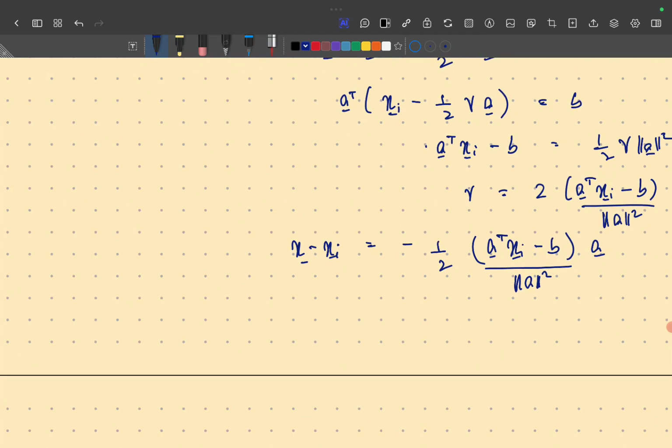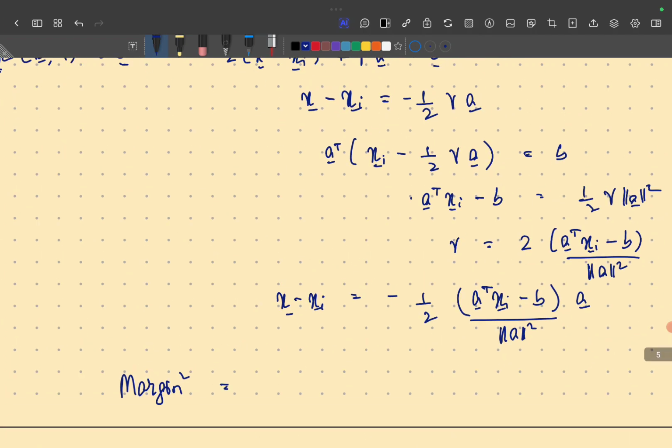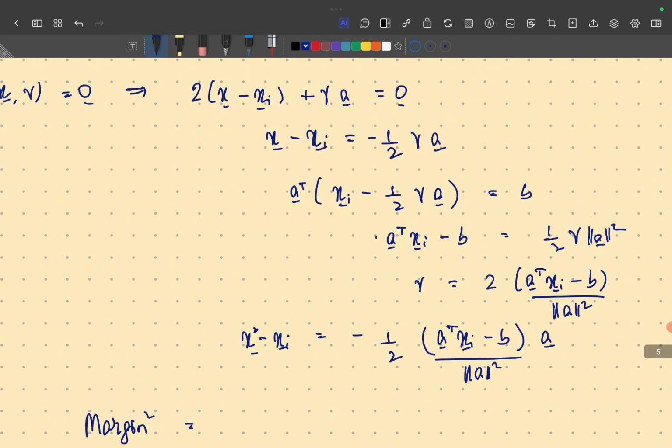The margin squared is equal to the norm of x minus xi, the whole square. So maybe I should have been more careful here. This is x star.